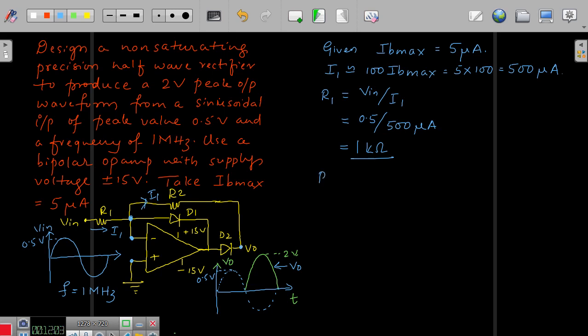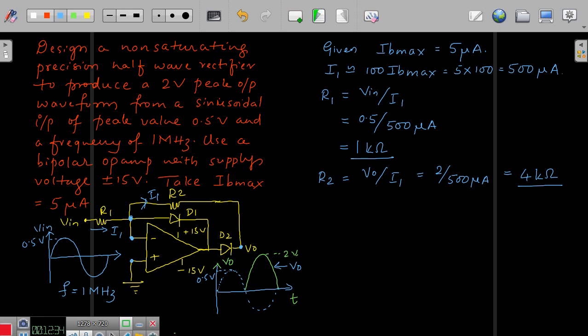So R2 is equal to V0 divided by I1, approximately, except small biasing current there. So V0 is 2, this is 500 microampere. So this will be obviously 4 kilo ohm.